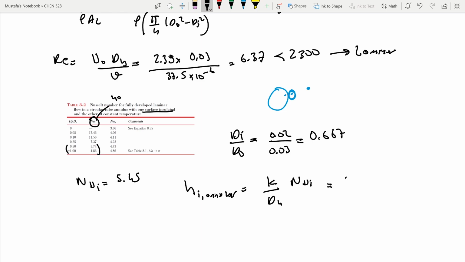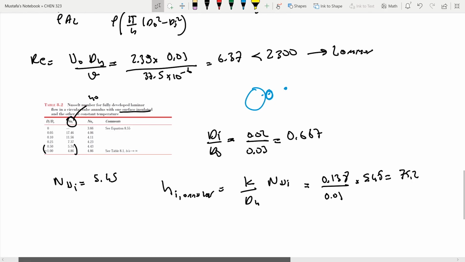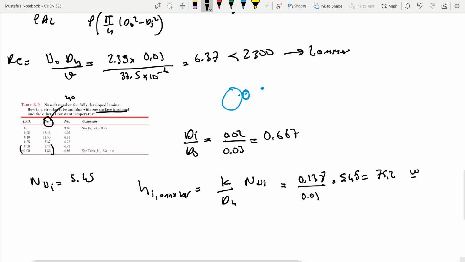So that means 0.138 in metric unit for the thermal conductivity of oil. Hydraulic diameter is 0.01 and the Nusselt number is 5.45. So you get 75.2 watt per meter squared per Kelvin. So that means H outer. Since it is fully developed flow, we'll assume this annular is equal to H inner annular.